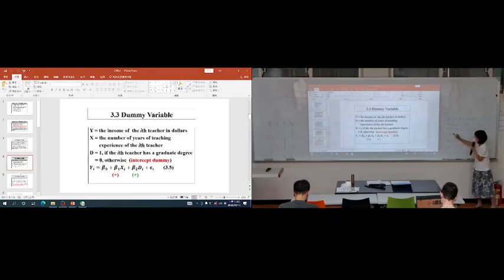D2 equal to 1 means masters. Then it becomes y equals beta 0, and this is beta 3.